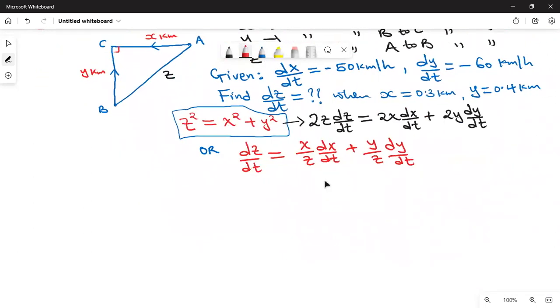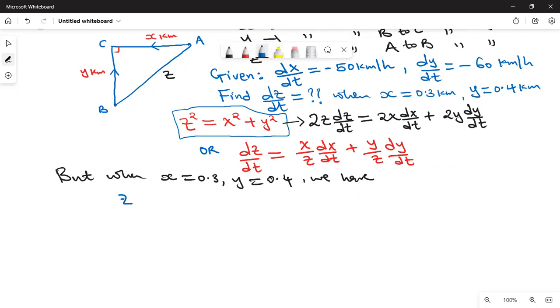So I'm going to write that when x is 0.3, y is 0.4, we have, what is z? Let's calculate z.